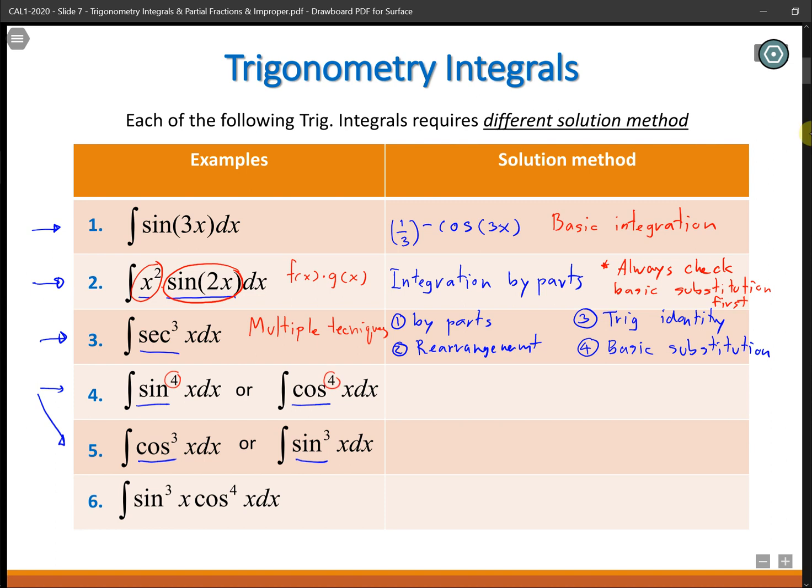So let's make a note here. We are looking at integration of trig function, sine and cosine with even power. And for number 5, we are looking at sine and cosine with odd power.